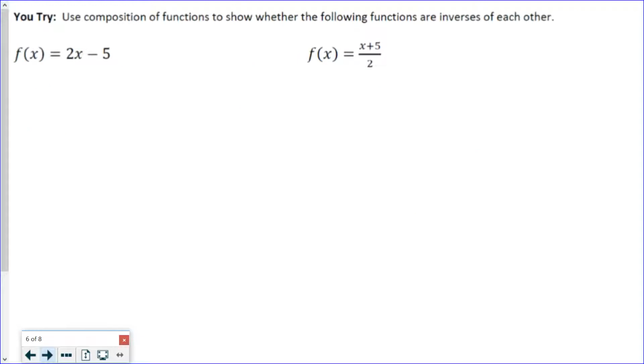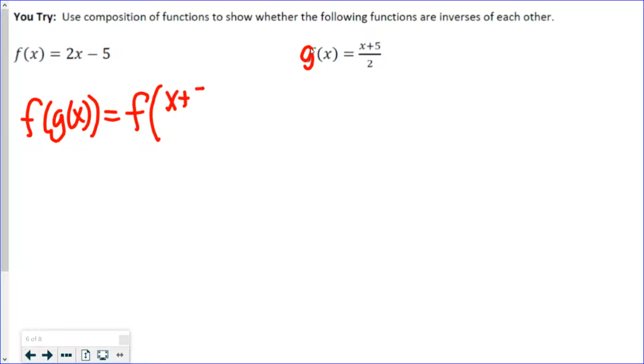Let's look at the You Try example. We have a typo here. There should be f of x and g of x, or f of x and h of x, or something. But they both can't be f of x. All right, so we got f of g of x. G of x is x plus 5 divided by 2. So I want f of x plus 5 divided by 2.